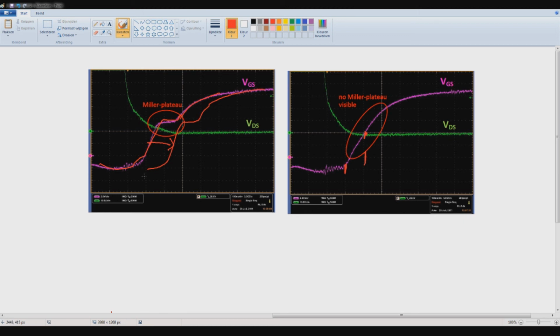If you take a look at this one, it also starts over here, but this VDS is much quicker in falling, because it takes 2 divisions, and here it took about one.